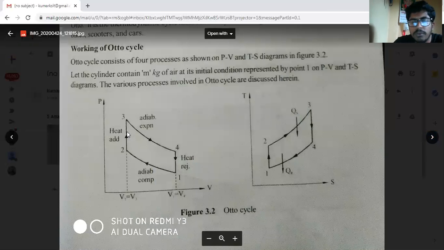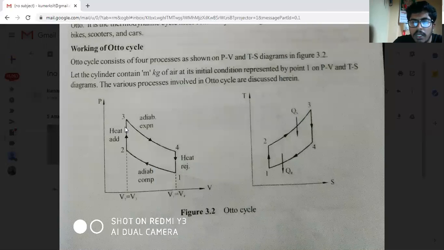Next, the process 2 to 3. The insulating cap is removed and a hot body is brought in contact with the cylinder head. The heat is supplied at constant volume, resulting in an increase in pressure and temperature, that is at point 3, P3 and T3.